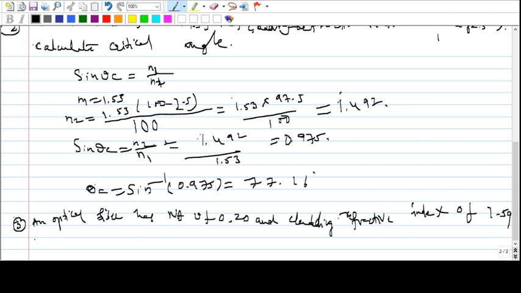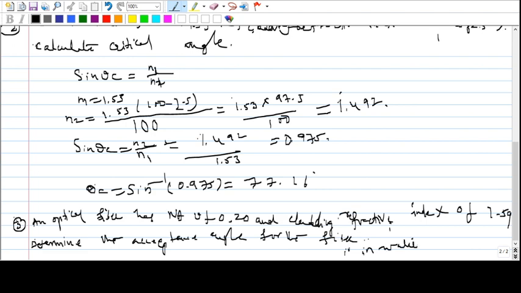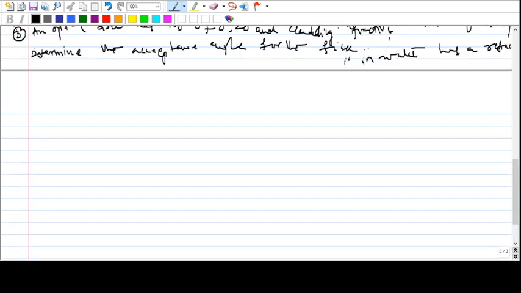Determine the acceptance angle for the fiber in water, which has a refractive index of 1.33. Now, solution.